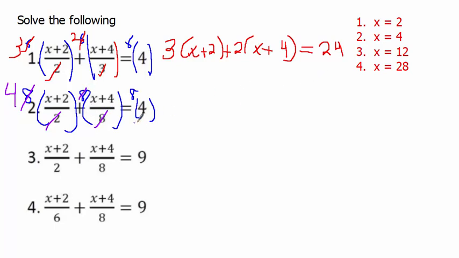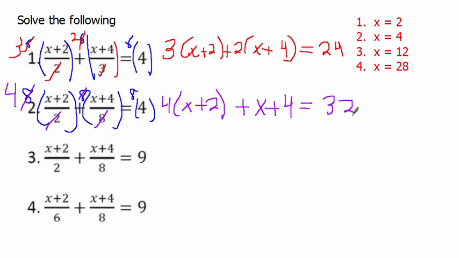That gives me a 1. So the problem that I'm solving is 4 times x plus 2. That has to be in parentheses. That's important. Now, since this simplified to a 1, I don't have to write 1 parentheses. I can just write x plus 4. And the other side of my problem is a 32.